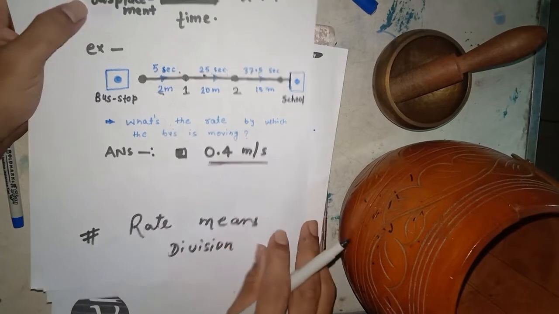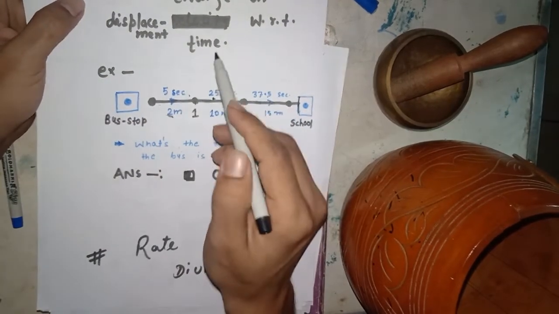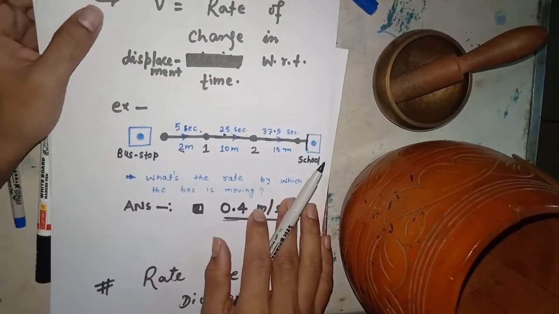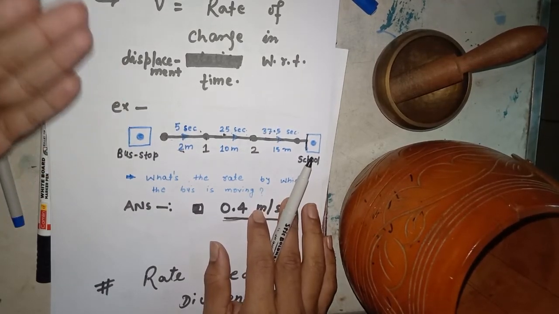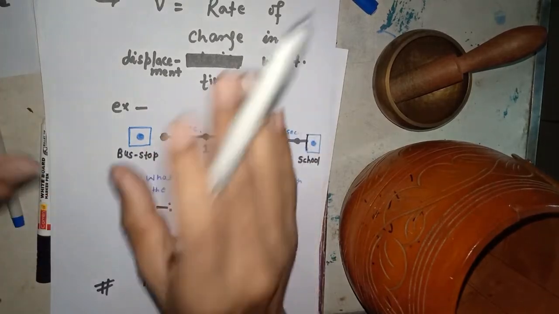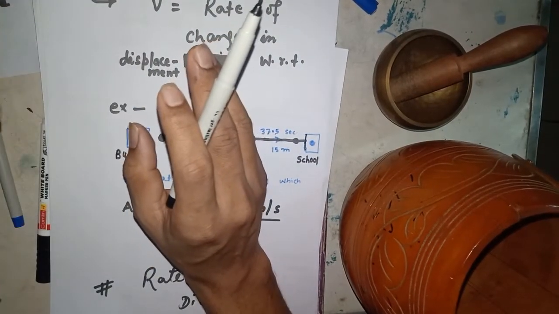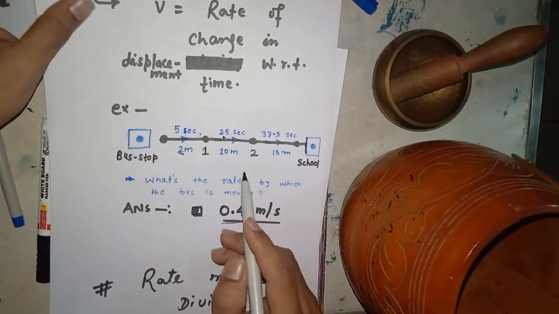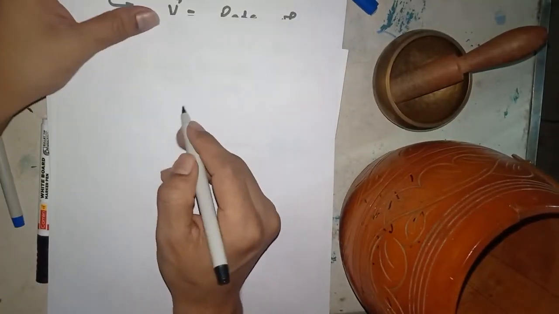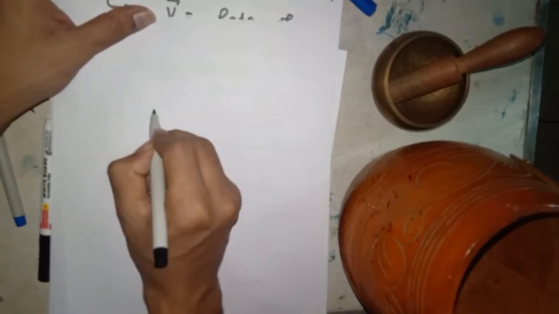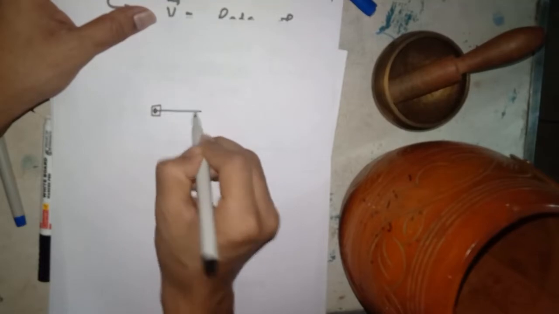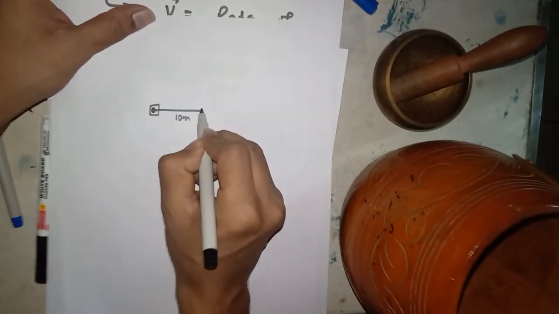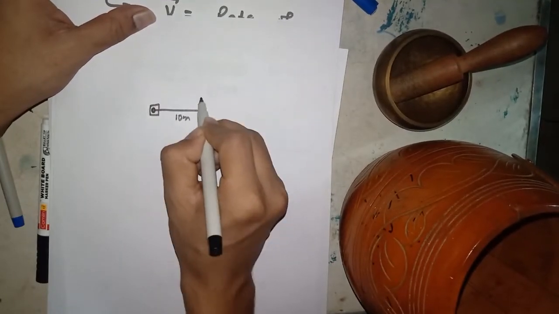So by unitary method we can write it mathematically that velocity is the rate of change in displacement. Let me give you another example so that you can understand thoroughly. Now this is my home and I am here at this place at present.